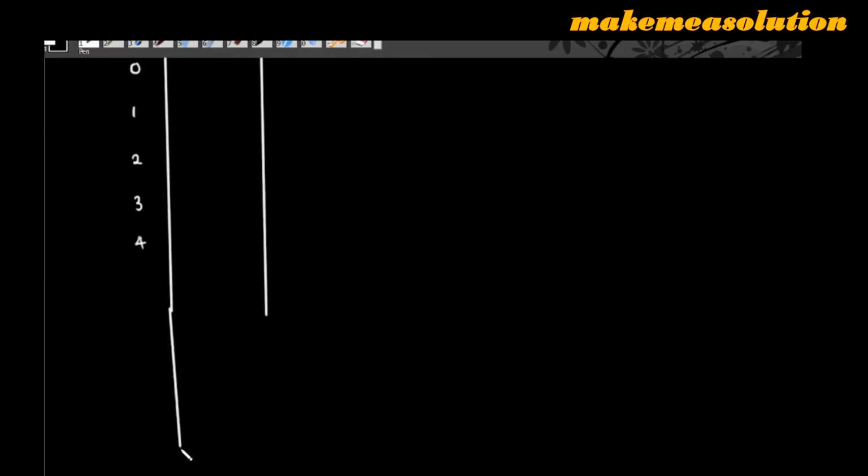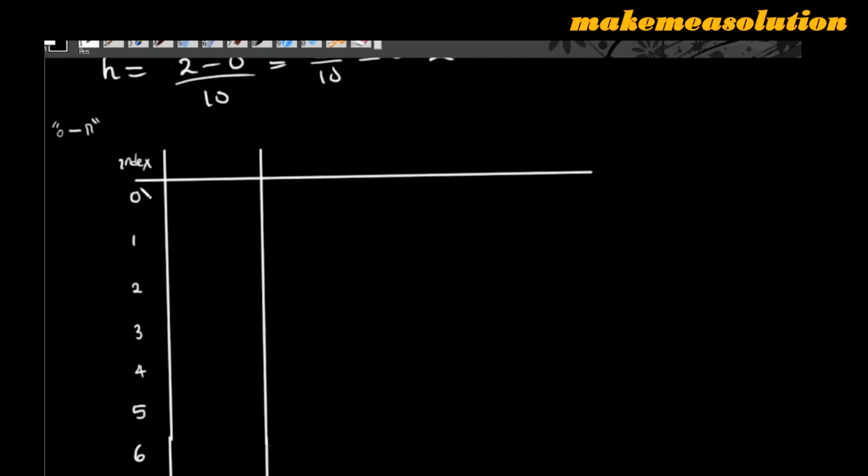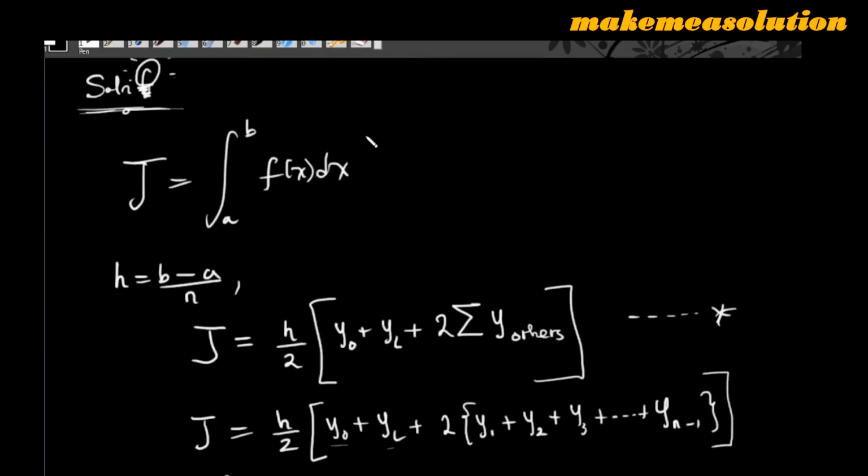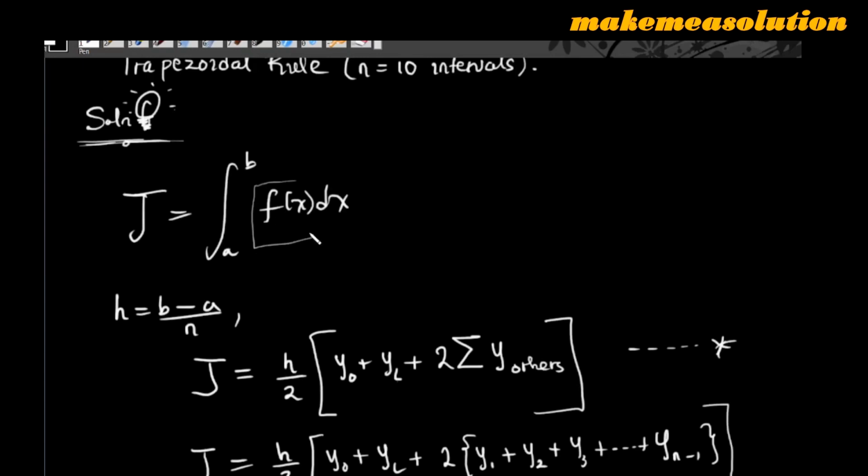Then we have 5, 6, 7, 8, 9, and 10. So that's my index. Then the next column is going to be labeled as x subscript n. Then finally the last column will be y subscript n. So y subscript n is actually going to be whatever is in the integral.